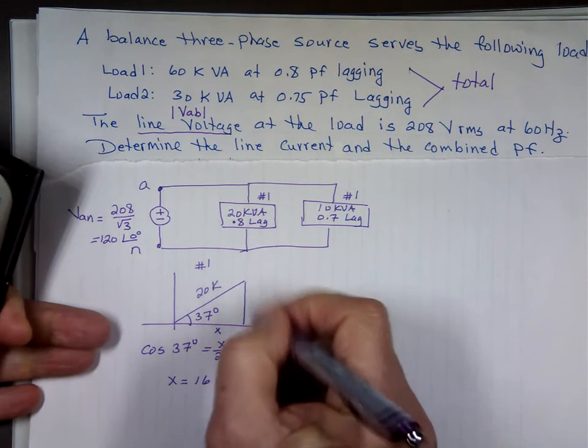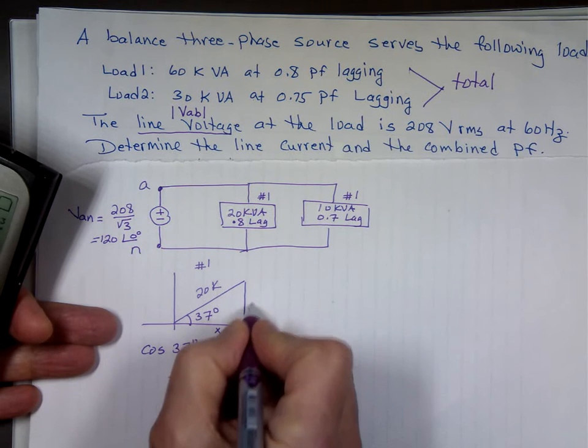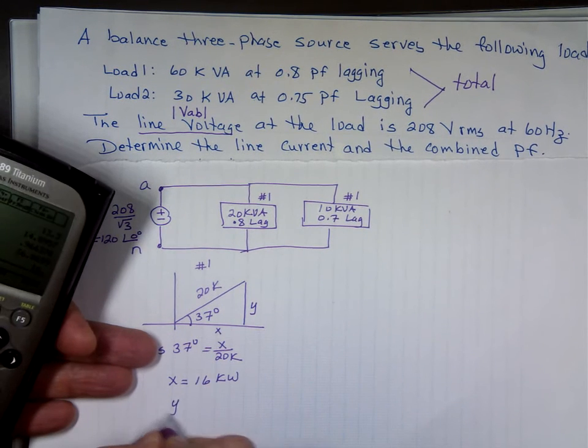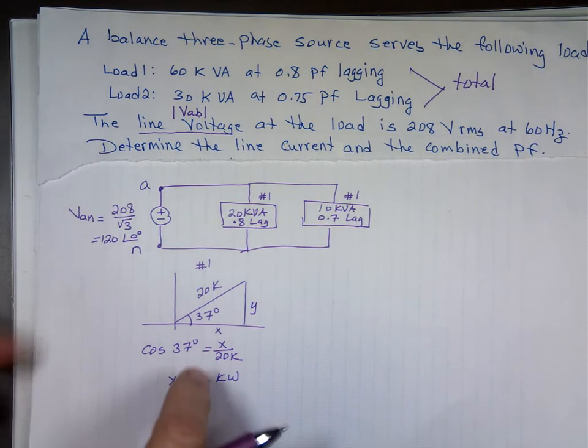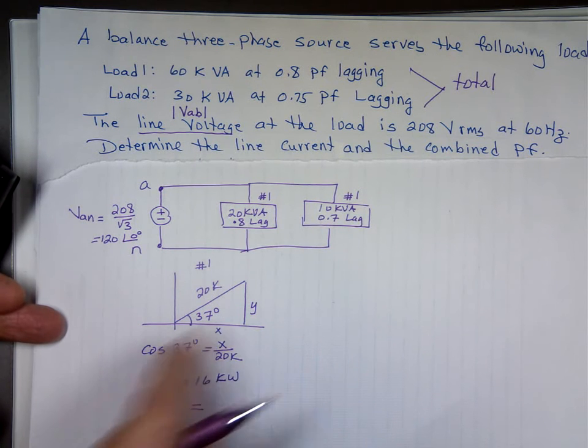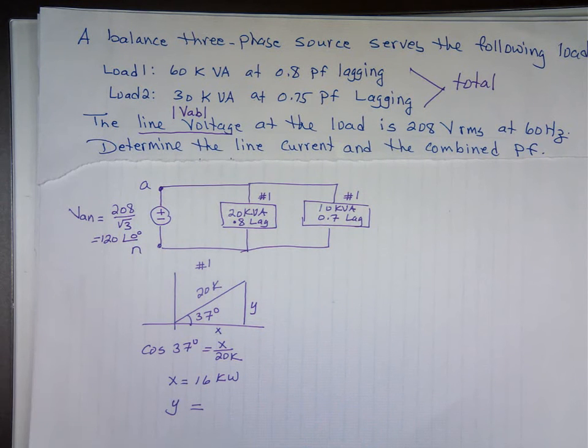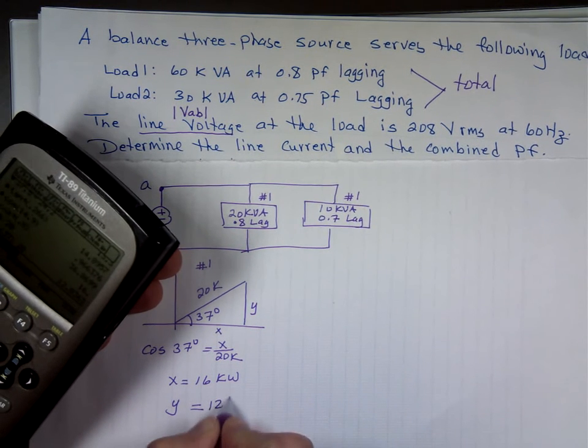And the imaginary value right here, we'll call it y, is going to be the sine of 37 times the 20. That's roughly 12 kVAR.